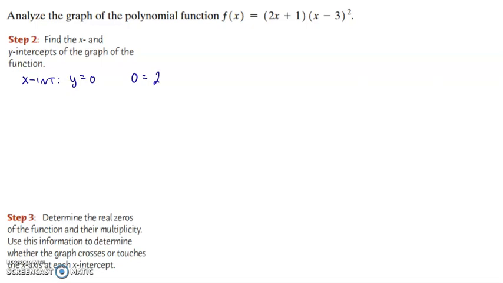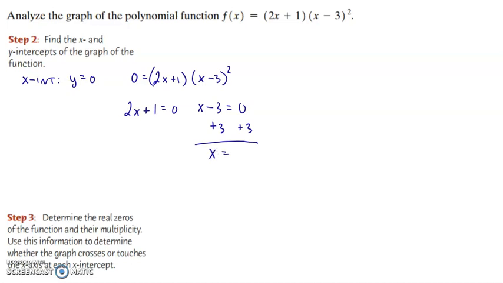So we've got 0 equals 2x plus 1 times that quantity x minus 3 squared. And if we want to solve this, we can go ahead and take each of our factors here and set them equal to 0. So 2x plus 1 will be equal to 0, and x minus 3 is also equal to 0. And then we can go ahead and solve each of those equations.